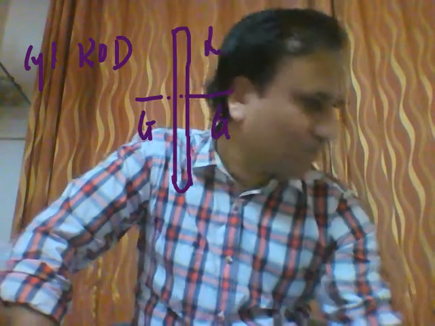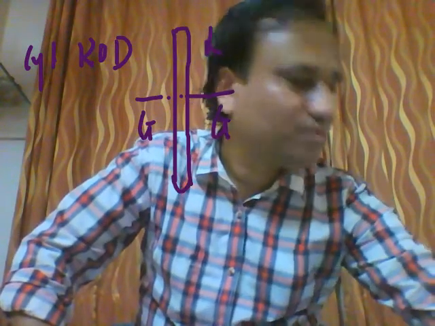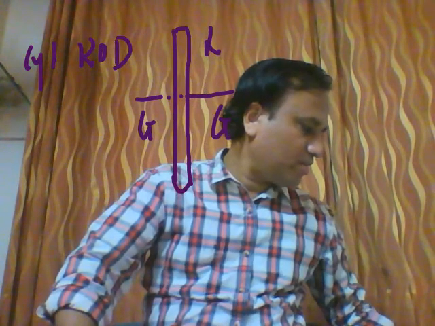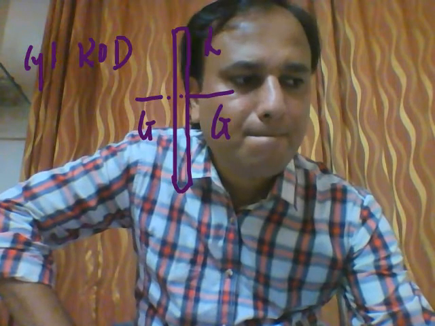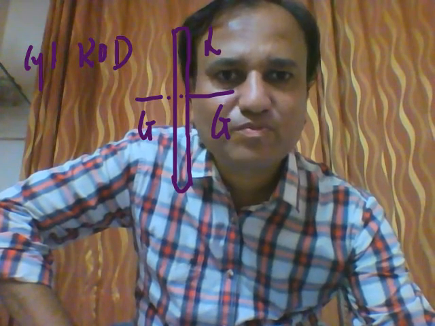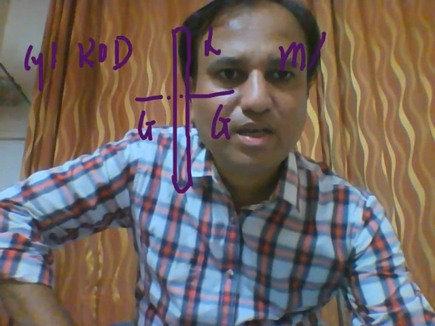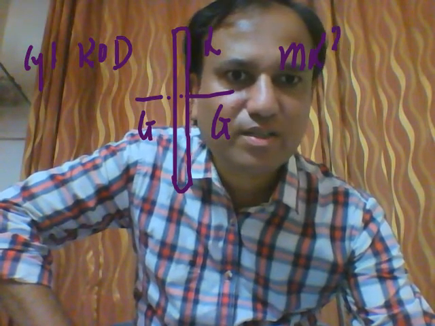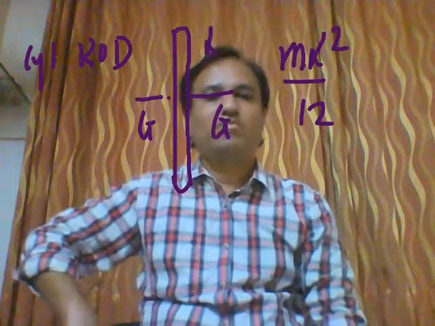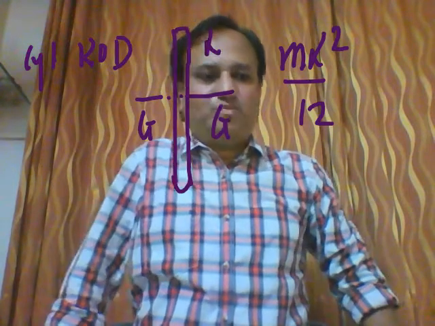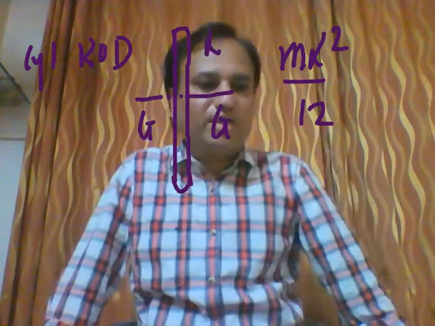This is the length of this rod. So, students, IgG will be ml square by 2. Just cross check it. Why ml square by 2? Just investigate it.